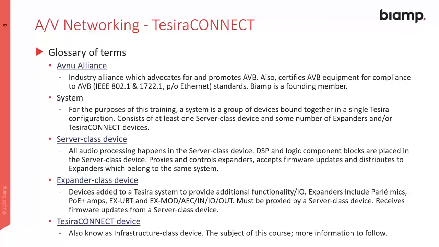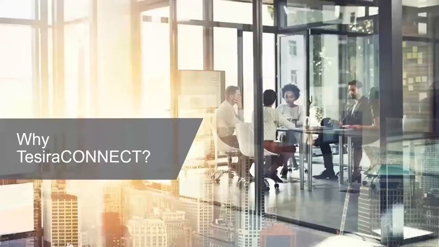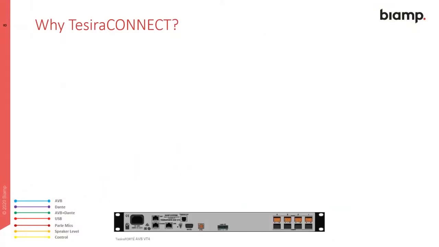Okay, so the one thing that we need to learn is why we need TesiraCONNECT. If you ask yourself, on site in the past, you would always struggle with AVB connectivity between your end devices.